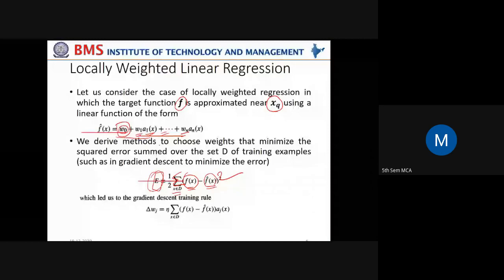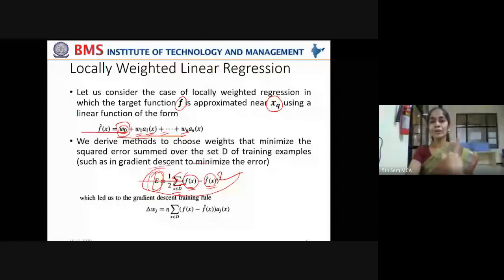This particular representation will lead to the gradient training rule. You remember the gradient descent training rule? Whenever there is a prediction error, immediately the weights will be adjusted in order to reduce that prediction error. In neural networks, you have to recollect this now.